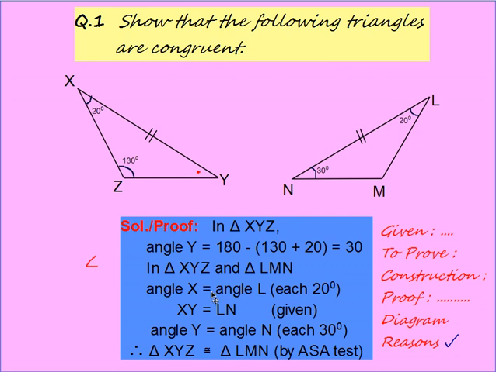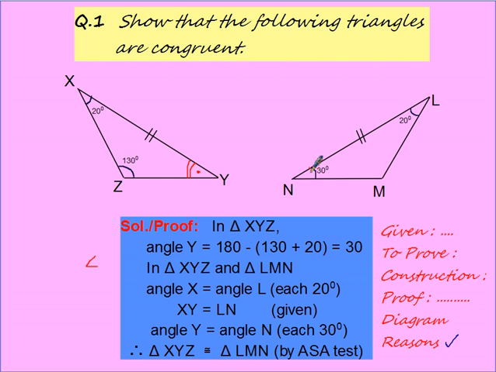So we found angle X is angle L, or you can write full angle ZXY is angle MLN, each 20 degrees, and then XY is LN given, and angle Y is angle N, because we found this angle Y already. So this also became equal.